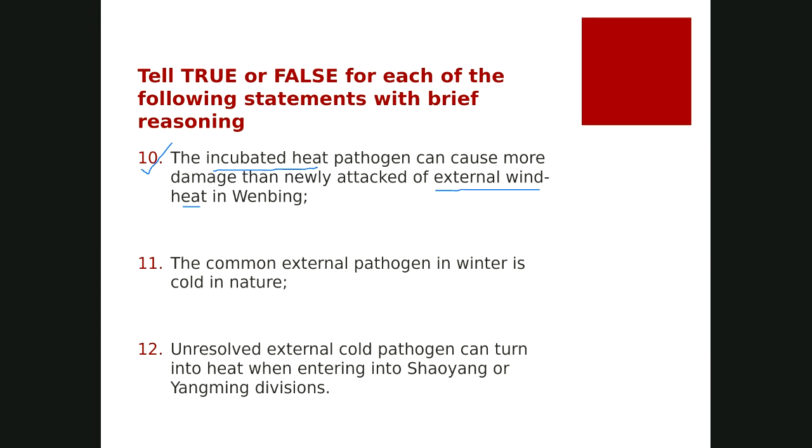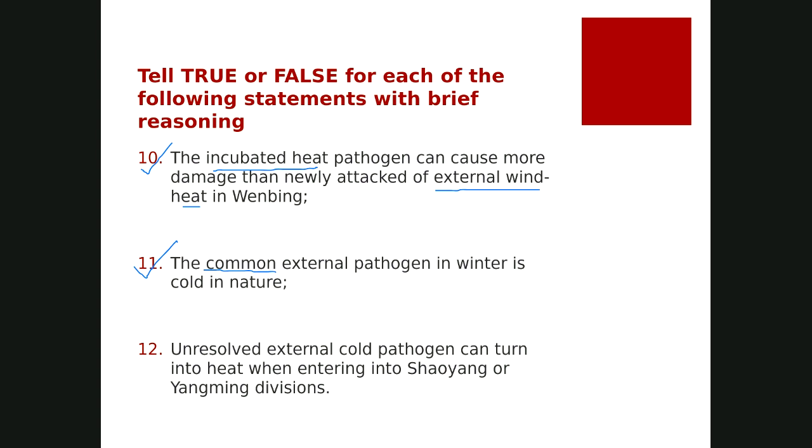Number 11, the common external pathogen in winter is cold in nature. So this is correct. Here it did not say absolute. Here it says common, isn't it? If it were absolute, it would be incorrect because we're living in a man-made environment. We can turn on the heater.